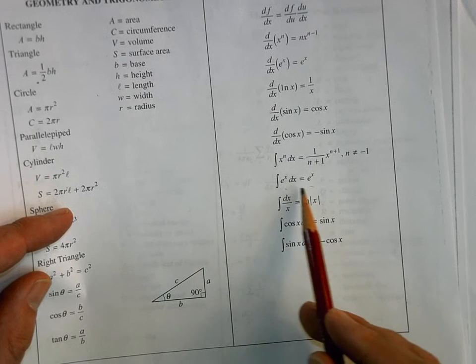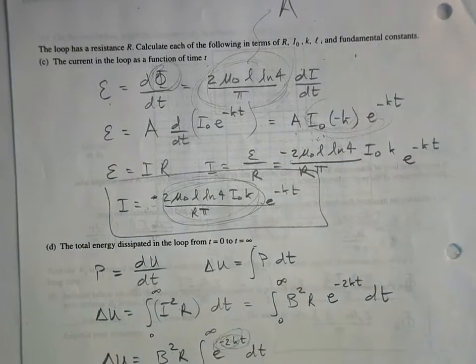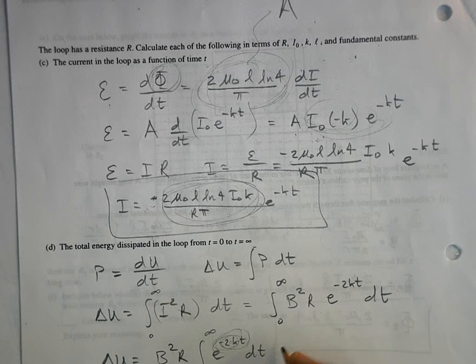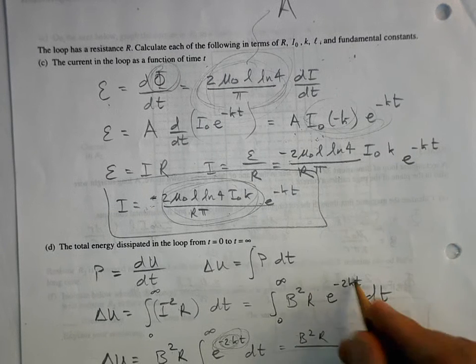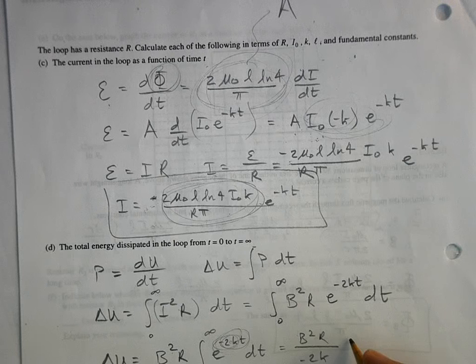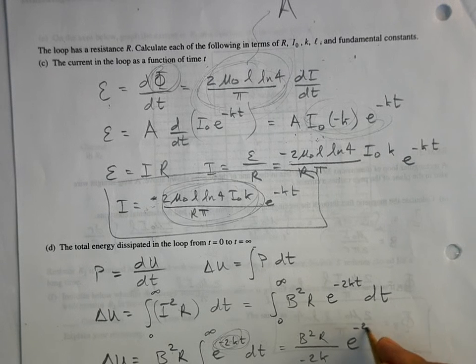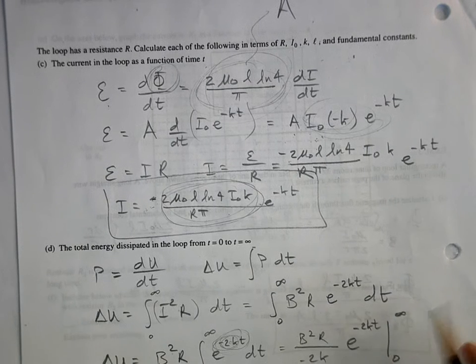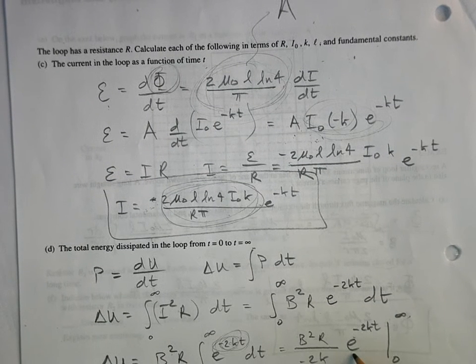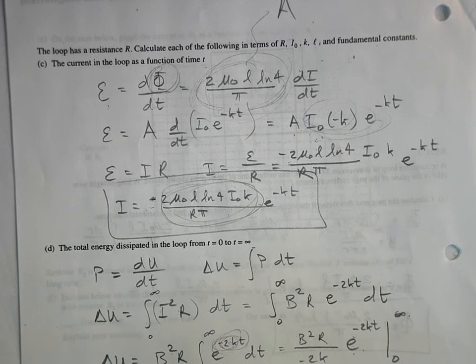Oh, they don't have the a in there. That's kind of crappy. All right. But you have B squared R over a, which is negative 2k, times e to the negative 2 kt, evaluated from 0 to infinity. Well, when this goes to infinity, it's 0. When it's 0, this is 1. So it's going to be B squared R over 2k.